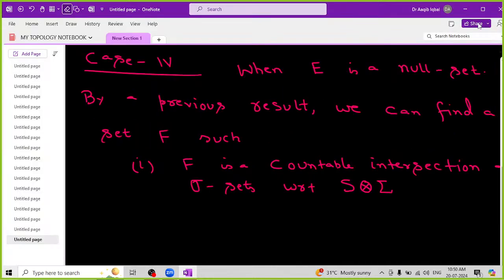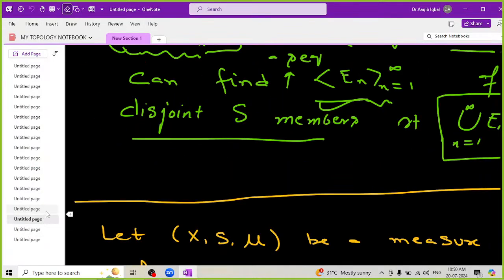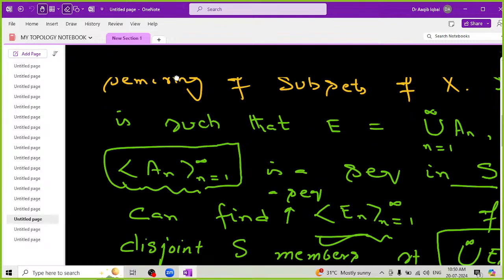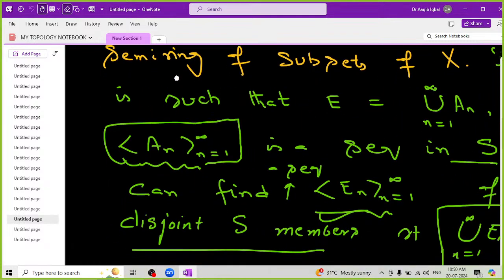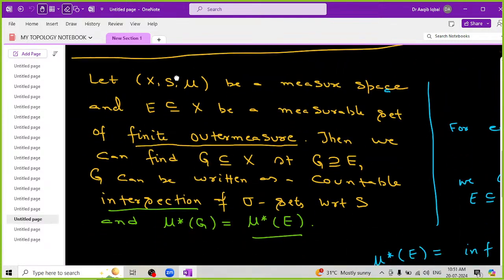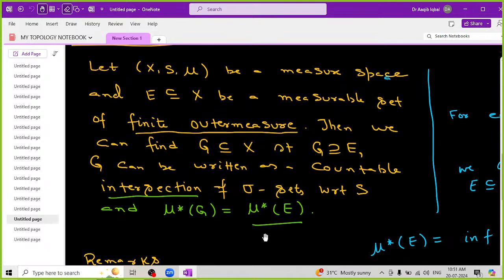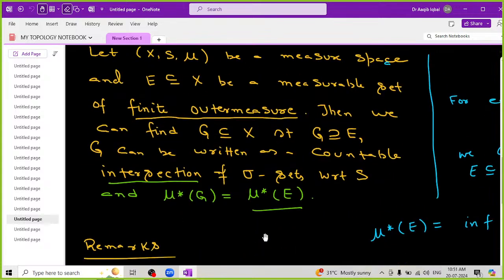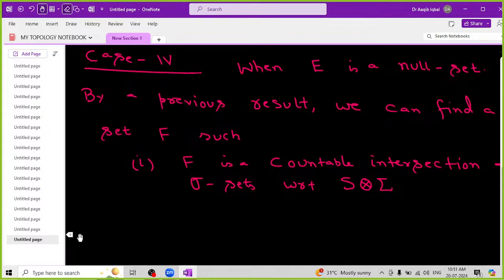If you have not attended yesterday's class, then basically I am speaking of this result. If you have a measure space, E is a measurable subset with finite outer measure, then we can always find a G which contains E. G can be written as a countable intersection of sigma sets, and the outer measure of G will be the same as the outer measure of E. This same result is being used.